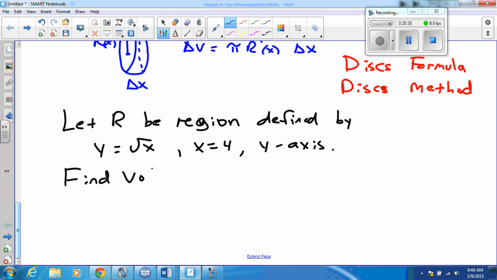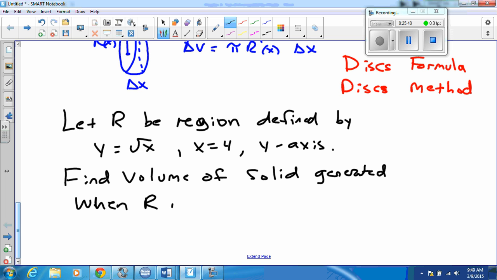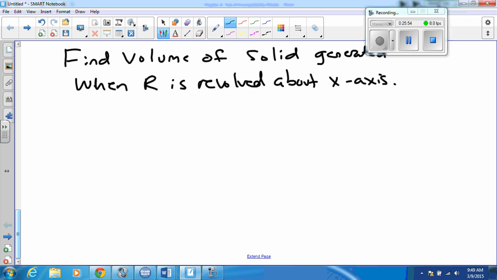And our goal was to find the volume of the solid generated when R is revolved about the x-axis. Okay, so I'm just restating the problem right here.